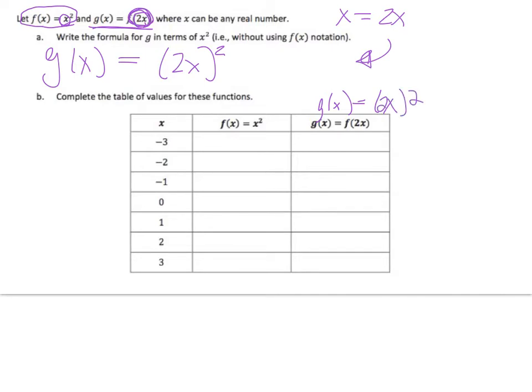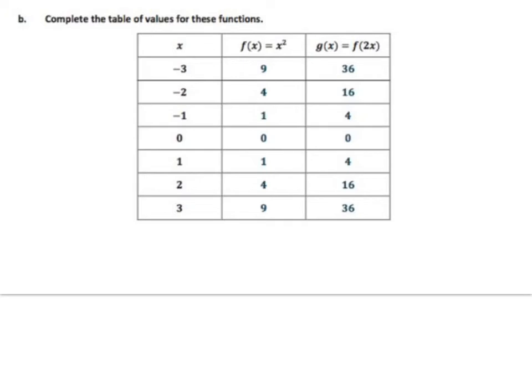So x squared is easy: negative 3 squared, 9, 4, 1, 0, 1, 4, 9. 2x squared is just a tad bit more complicated, but not impossible. 2 times negative 3 is negative 6. Negative 6 squared is 36. Negative 4 squared, 16, 4, 0, and then it just repeats. And there we see the answers.